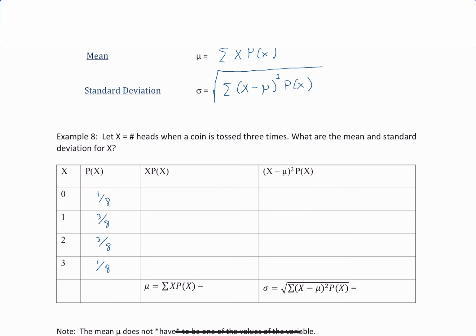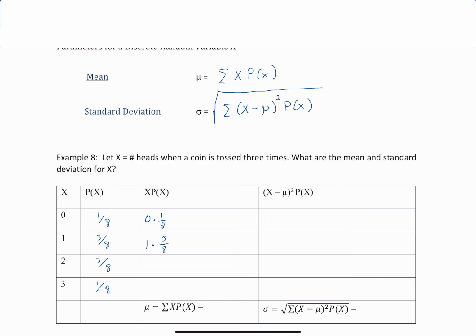So I want you to understand what's going on here and know the procedure, even though you don't always have to go through this entire procedure every time you want a mean or a standard deviation. So again, we're going to multiply each probability by the value of the random variable. That's the x times p of x thing that we have up here.